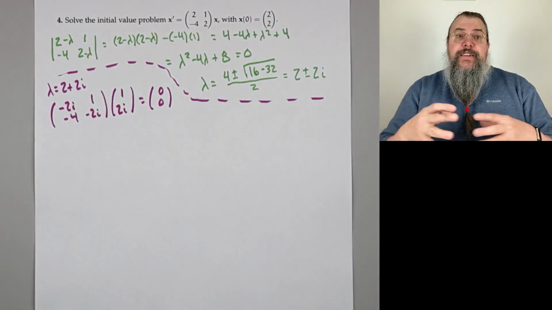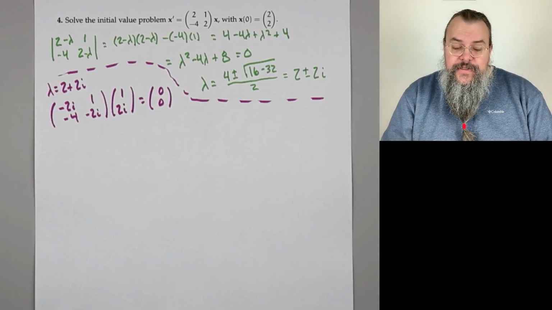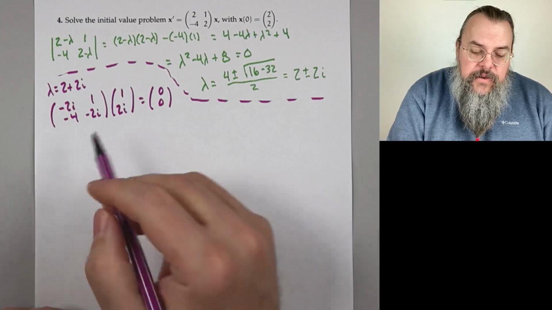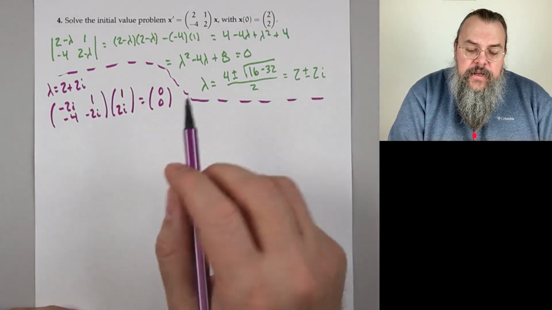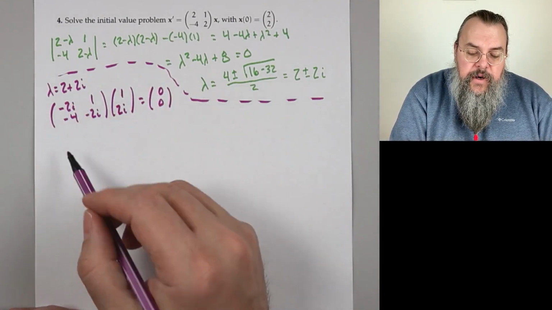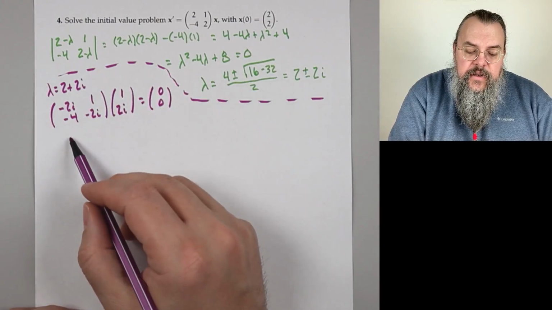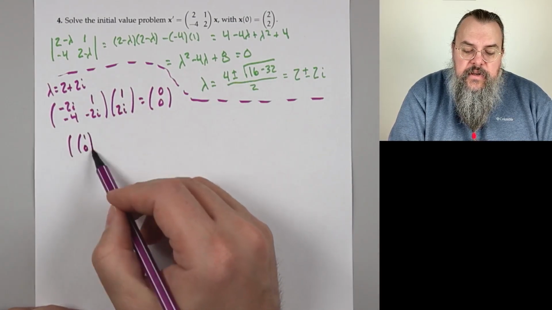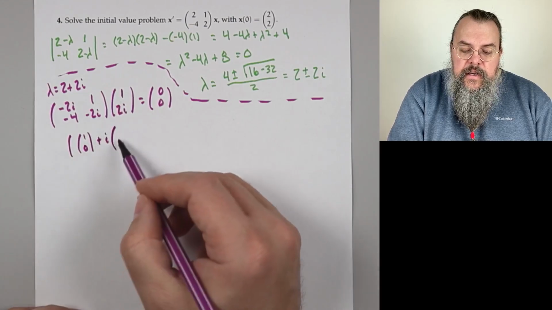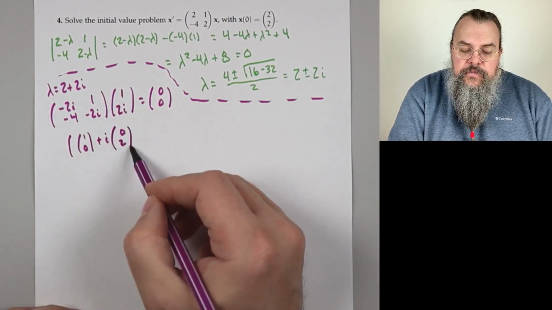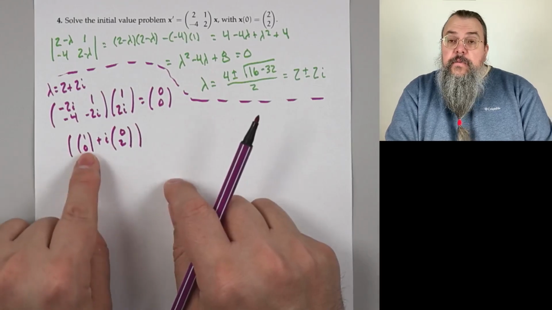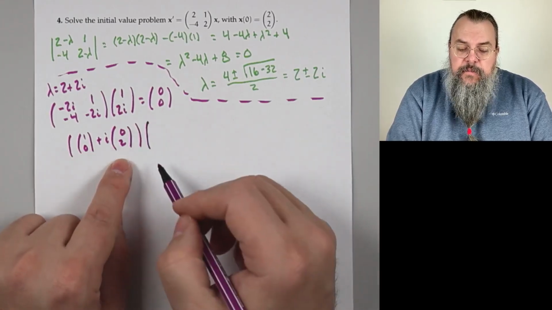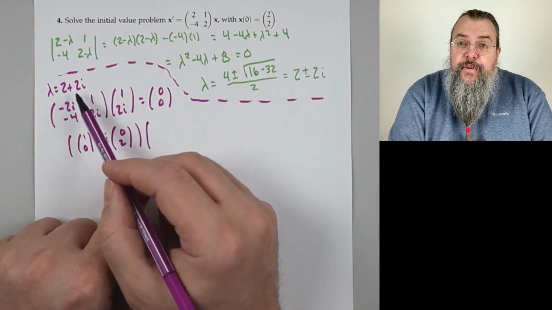Now, how do we extract our solutions? Well, the way we extract is to say we're going to pull our eigenvector apart, and so we have our 1, 0, and our 0, 2. So in other words, the real pieces, the imaginary pieces. And then we're going to multiply it by e to the (2 plus 2i)t.